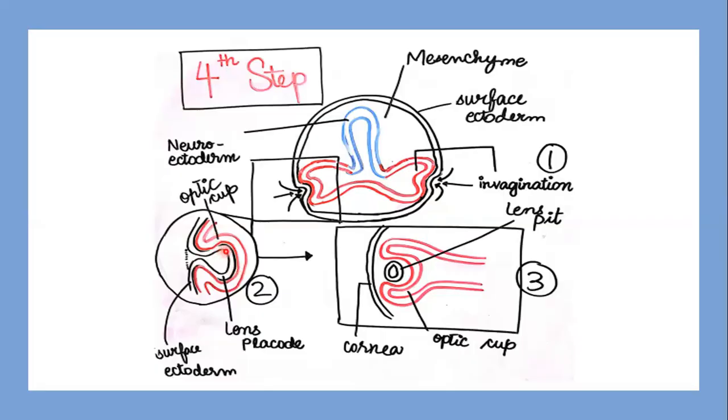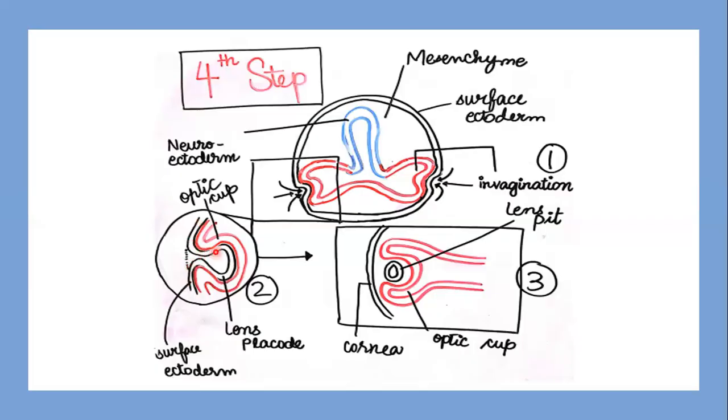So you can see that this is the optic cup. A cup structure is formed from the optic vesicle. The optic cup is formed, and inside it there is a layer of surface ectoderm that is moving in. A point will come when it will be cut off, right? And the surface ectoderm will reconnect and maintain its structure.